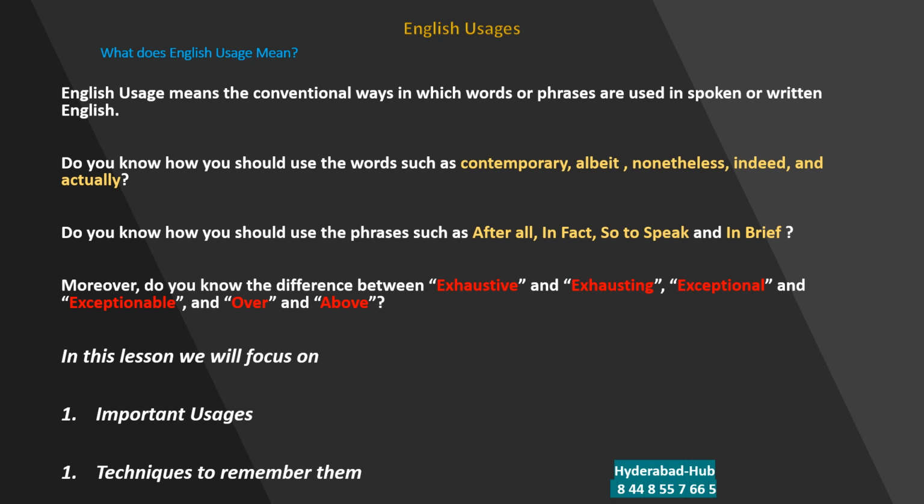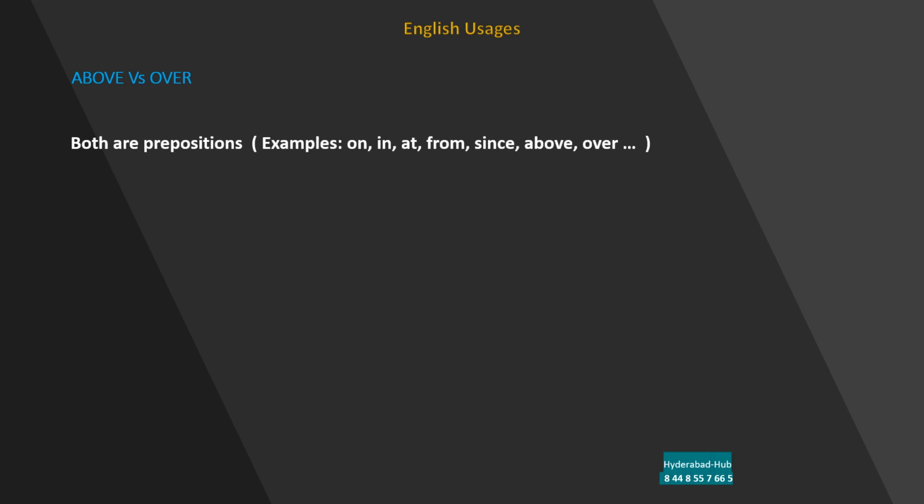What is the difference between above and over? Both are prepositions. For example, on, in, at, from, since, above, over, all these are prepositions. A preposition is a part of speech. Usually, a preposition is placed before a noun. What are nouns? Nouns are naming words.